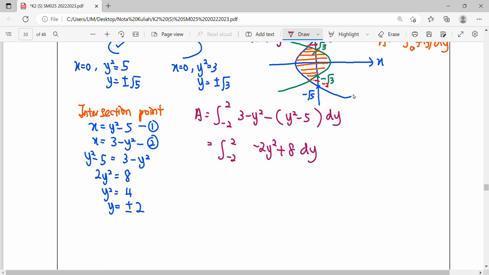Then we can start to integrate, where power plus 1 over the new power. Integrating a constant, we add 8y. And then we substitute upper limit minus lower limit.